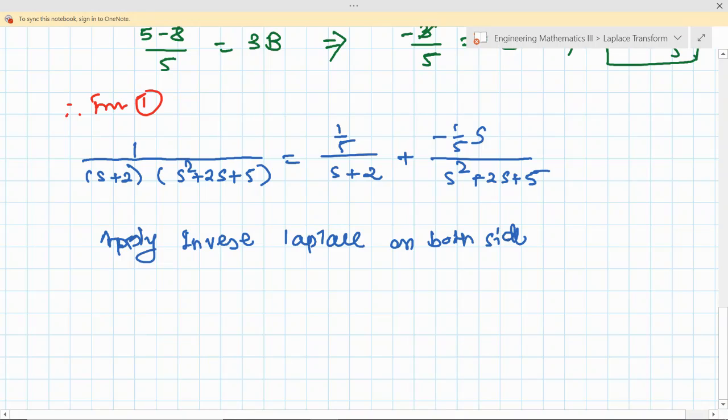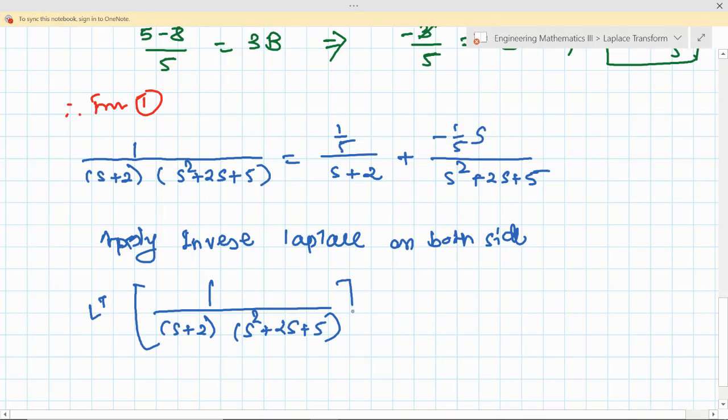What I get, inverse Laplace of 1 upon s plus 2 into s square plus 2s plus 5 is equal to 1 by 5 as it is, inverse Laplace of 1 upon s plus 2, isn't it?